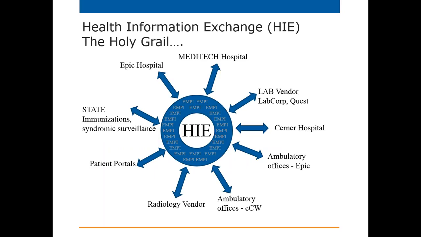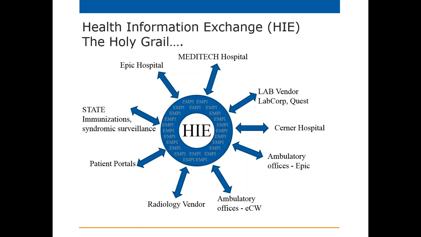So the holy grail of an HIE exchange is having all of these participants, and not just hospitals, not just physician groups, ambulatory offices, but you've got your radiology vendors, your patient portals, you've got your states with immunizations and syndromic surveillance. You've got lab vendors like LabCorp and Quest Lab. You've got everybody participating.